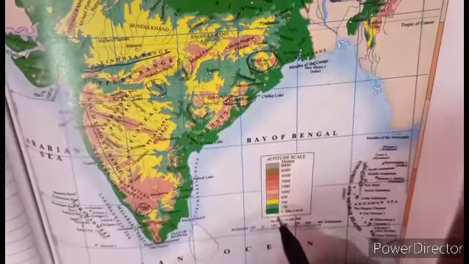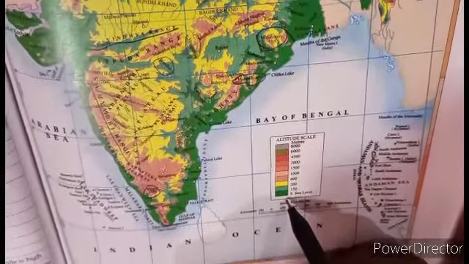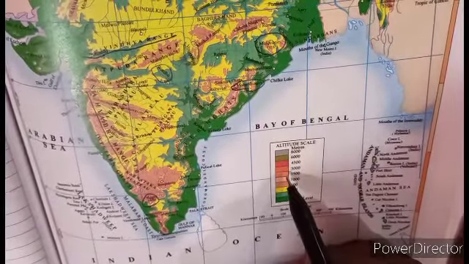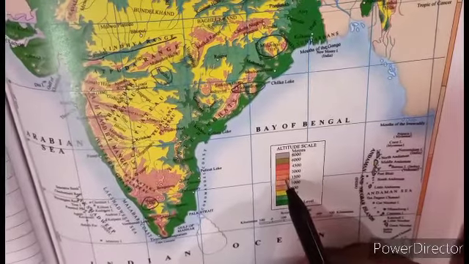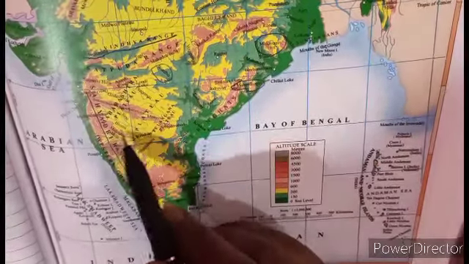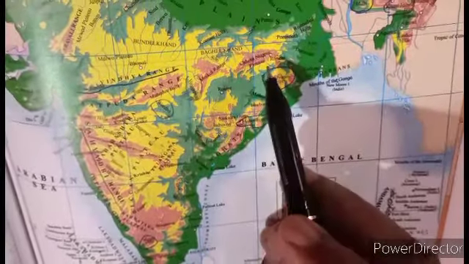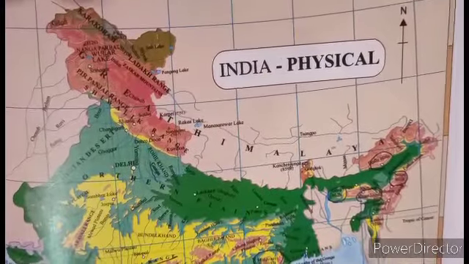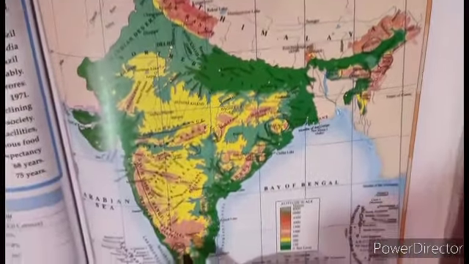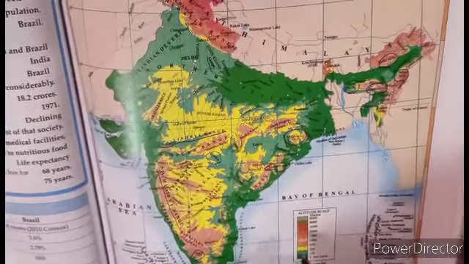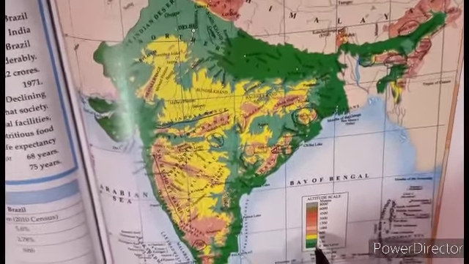So go through the index, and with the help of index you can see the different colors of these mountainous region which are shown in this. Peninsular region is different from this dark brown color. So there is a difference in height in these different colors which are shown in the index.